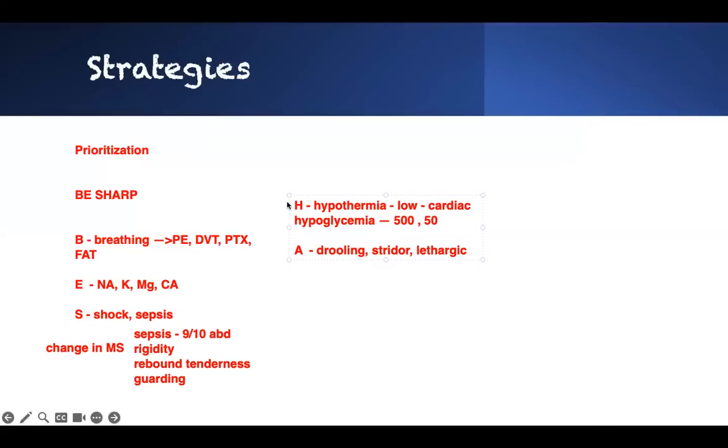So drooling, stridor, lethargic, yeah, I'm worried about you. It's a breathing problem. Those are the signs. Okay, somebody is wheezing really badly and then they stop wheezing. Yes. And the R is neurological.